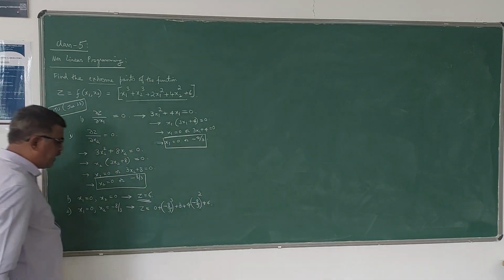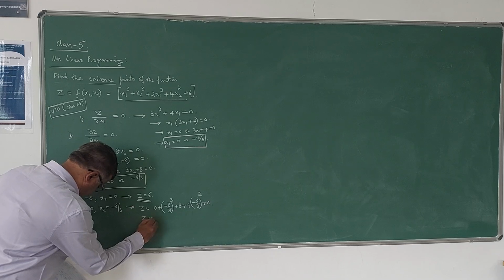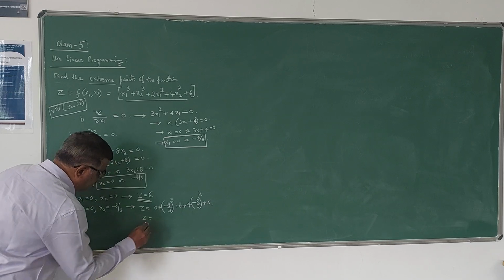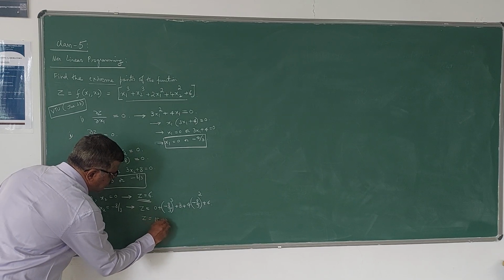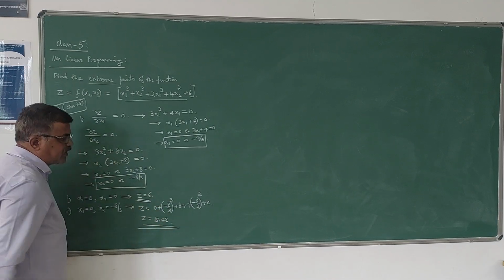If you simplify this, you are going to get the value of z as 15.48. So this is for the second set of x1 and x2 values.